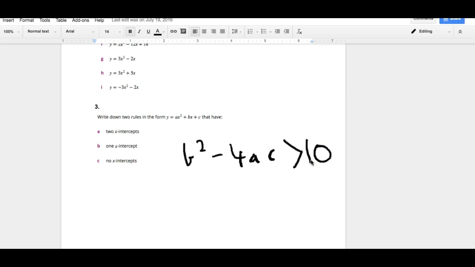And then you can think about, well, what values there can give you 10, or if you prefer, you can just say, well, what will give me a positive number? So obviously your b squared has to be bigger than this. So you don't want to have big values of A and C. Okay, one x-intercept.